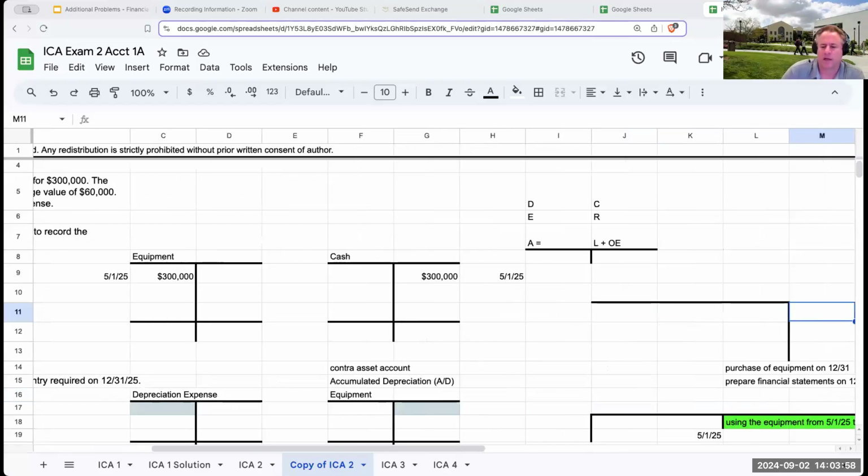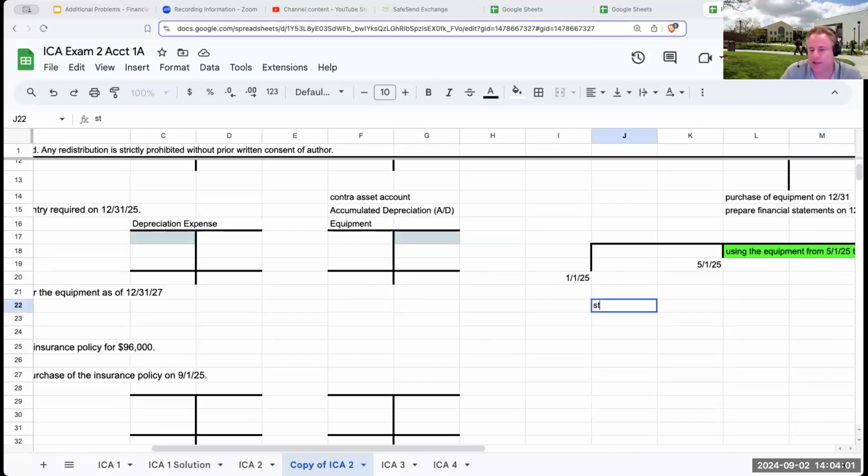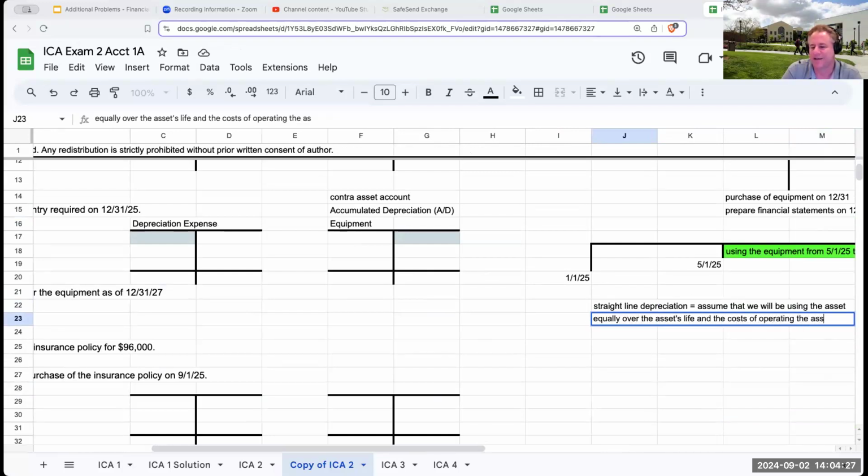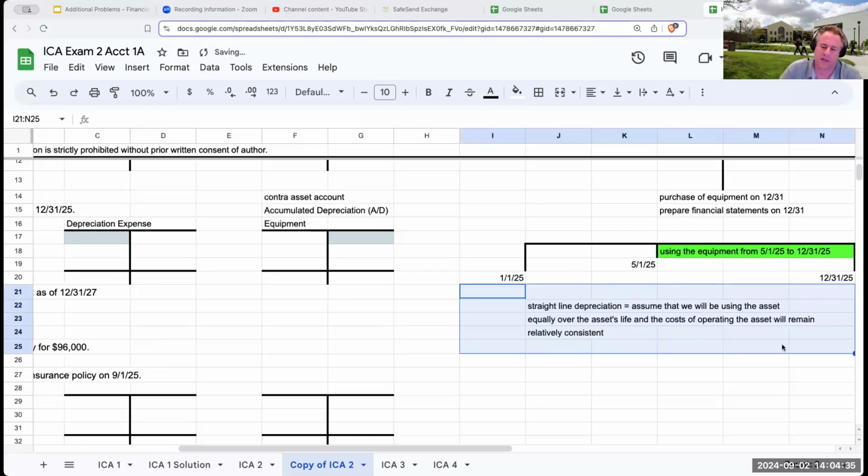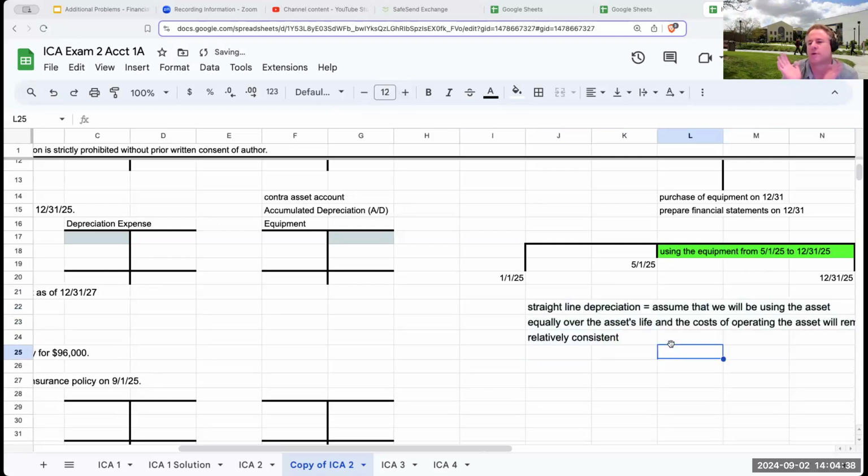So basically, straight line depreciation is we assume that we will be using the asset pretty much equally over the asset's life, and the cost of operating the asset will remain relatively consistent. This is the theory behind it.